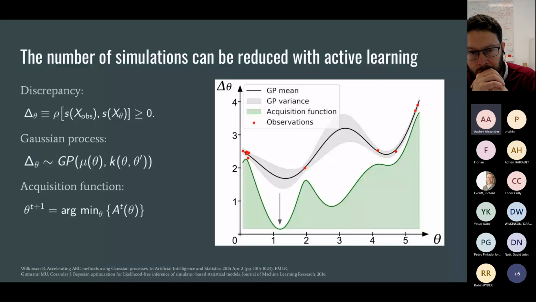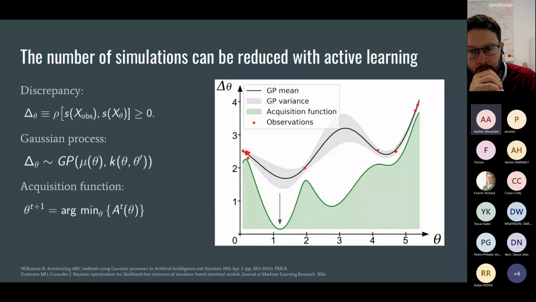For instance, we will try to minimize the acquisition function, which is A. On the figure, it is shaded in green. The arrow shows where we would sample our simulator next.